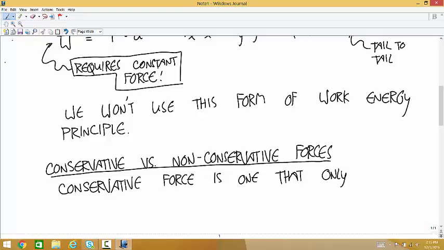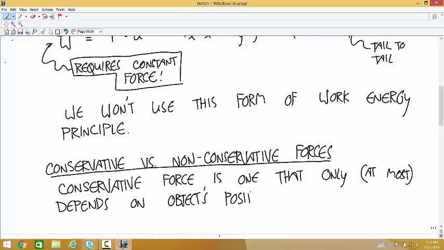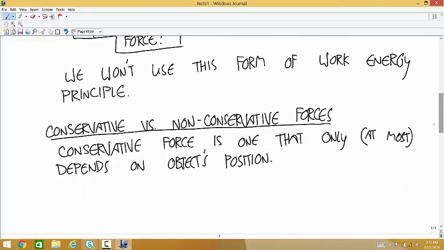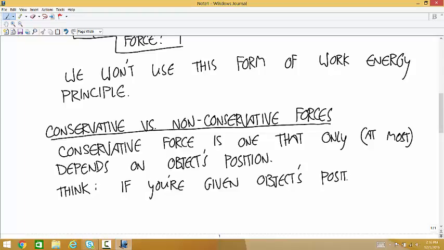It doesn't even have to depend on the object's position, so I'll say at most depends on the object's position. So you can think of it like this. If you're given the object's position, is that enough to determine the force?